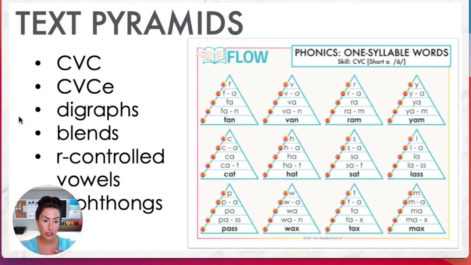And basically what your students do is they start at the top and they make the sound, and then they move down to the second row and they make the two sounds, and they're making them in isolation. And then the third is putting them together, and then the fourth is fa, and then fan. So it's like a slow progression, and like I said, it's pretty explicit.